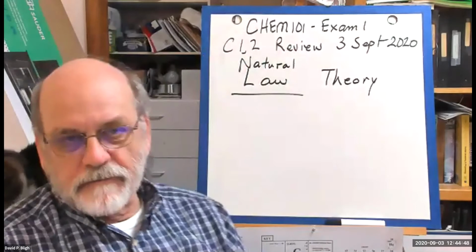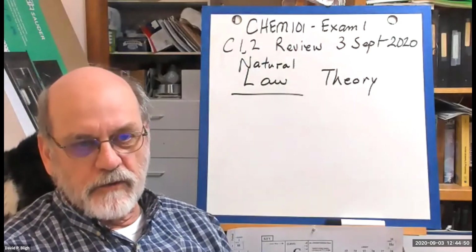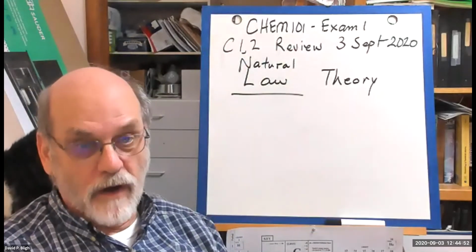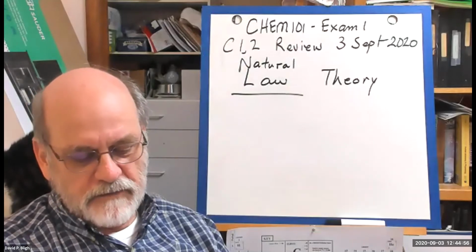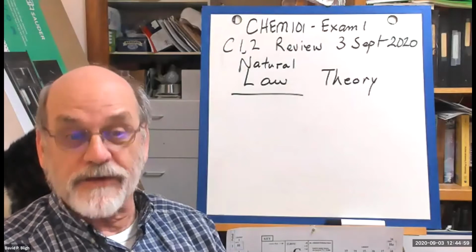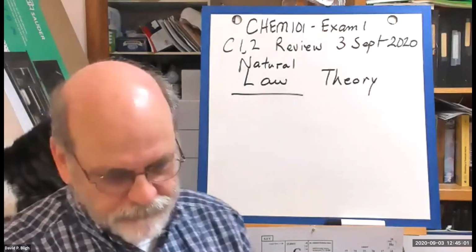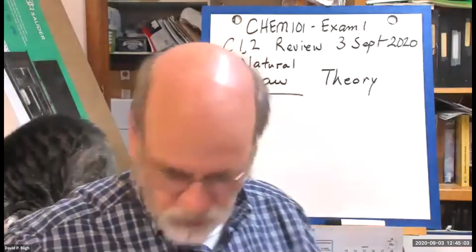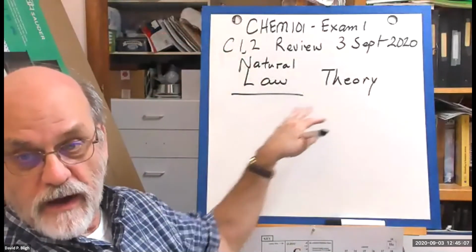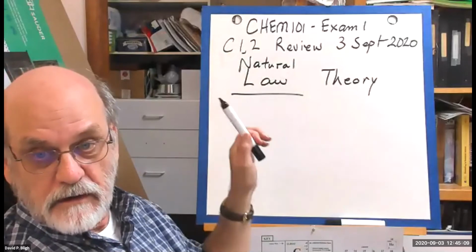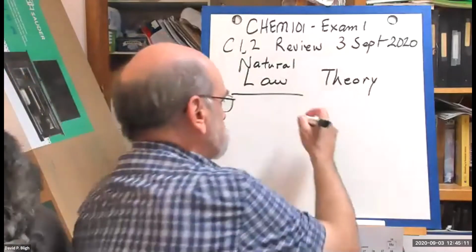In fact, the founders of this country referred to natural law quite often. Only theirs was a little different than our concept of natural law. So I won't go into that. So the difference between law and theory is one word, actually.